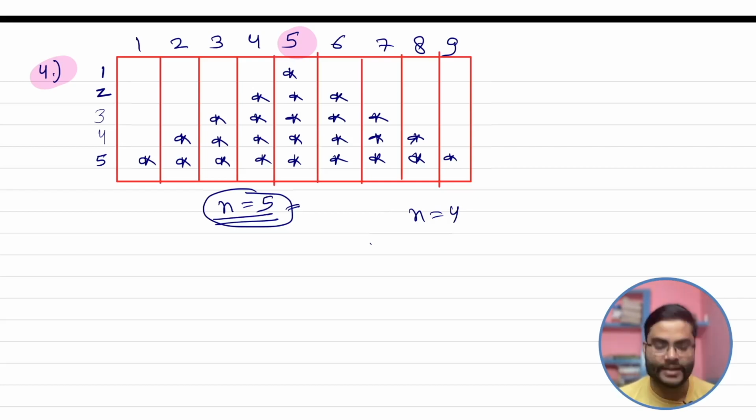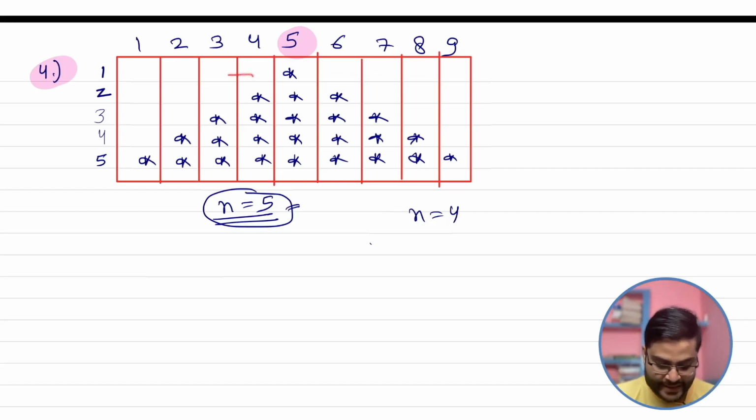Before that, let's consider the spaces pattern. Our star will print from index 5, so before 5, everything will be space only, and after the star, everything will be space only.